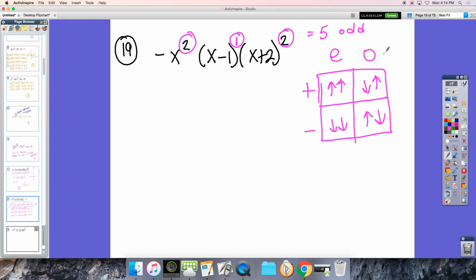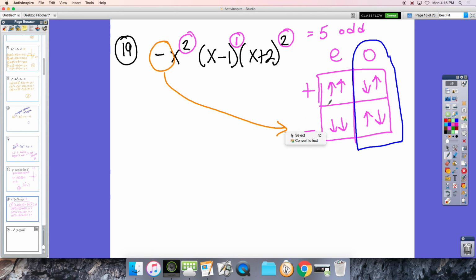So we're looking at the odd section. And then to know if a function is positive or negative, we're looking at the lead coefficient. And in this case, we have a negative 1, which just means we're looking at the negatives. So our end behavior is this one right here. It's going to go up, down, which is choice C.